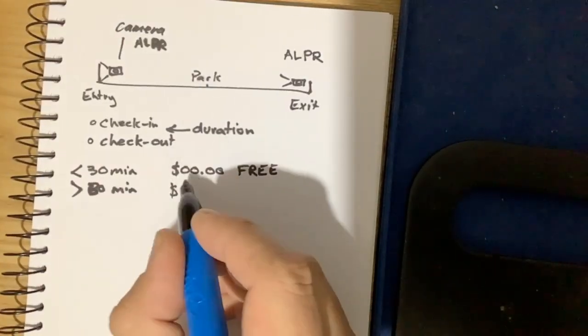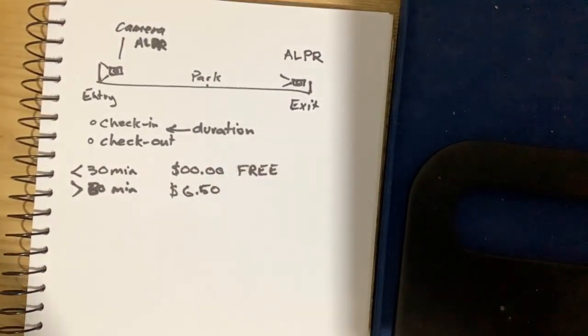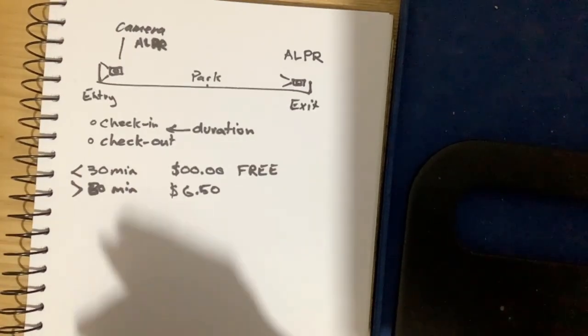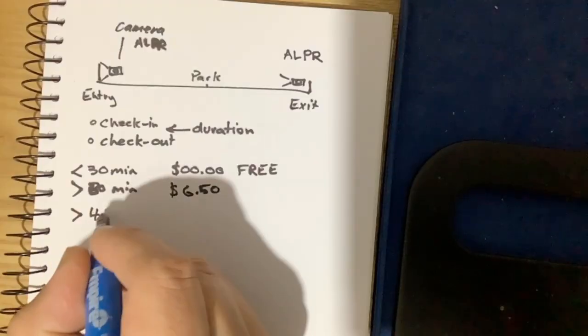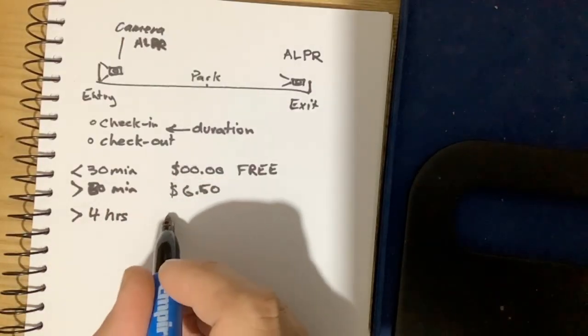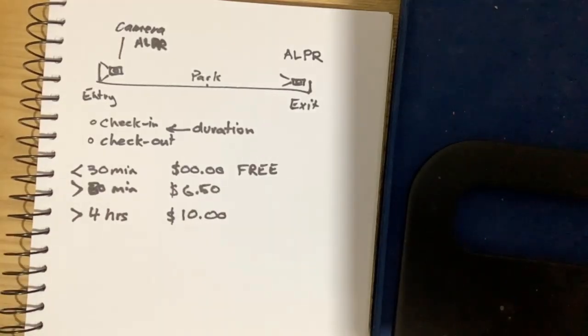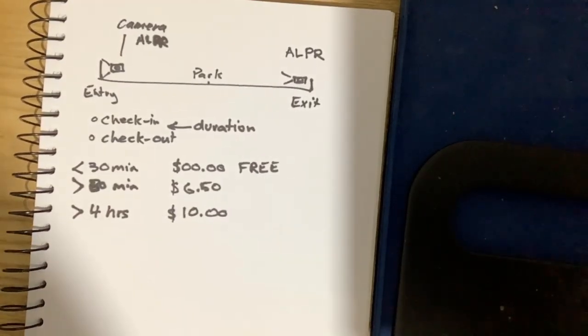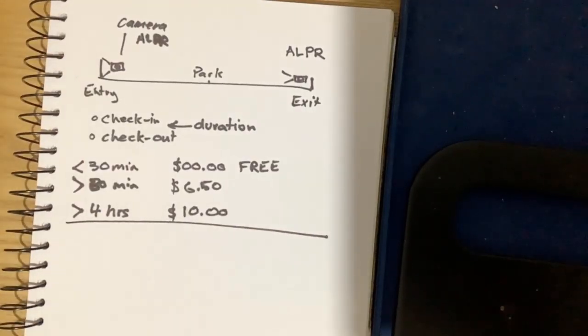Let's just say $6.50. And then after a certain period of time, let's just say it's 4 hours, if it's more than 4 hours, then you get charged just a daily rate. I don't remember what that value is, but let's just say it's $10. And so that's how that system works. So that's the basics of the parking system.